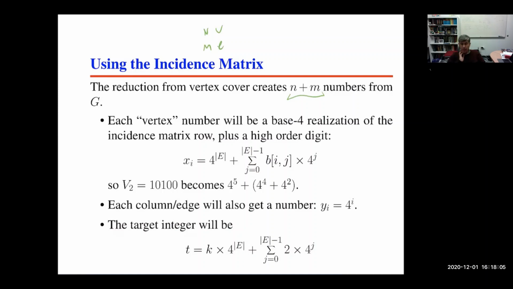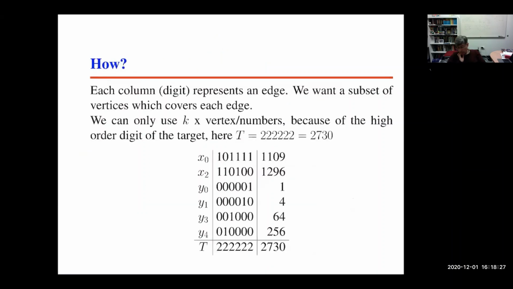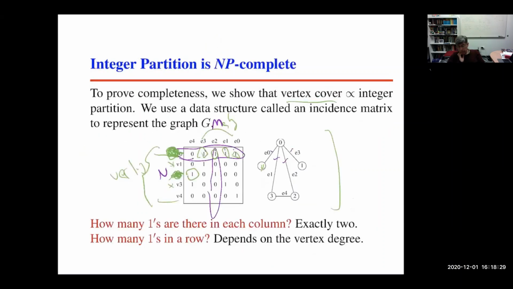So what I'm going to say is for every vertex, the number is going to be a base 4 realization of each row of my incidence matrix plus a 1 stuck on as a high order bit. Let me clear this out now.